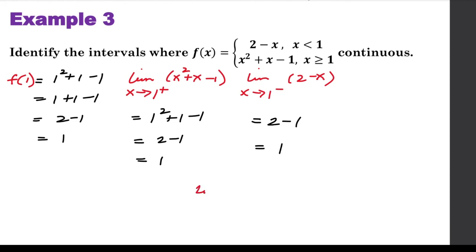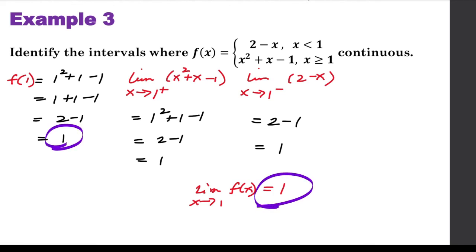Since the left-hand side limit is equal to the right-hand side limit of the given piecewise function as x approaches 1, then the limit is equal to 1. Since f of 1 is equal to the limit of the function as x approaches 1, then the function is continuous at x is equal to 1.